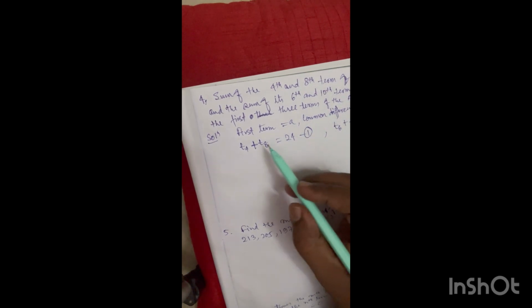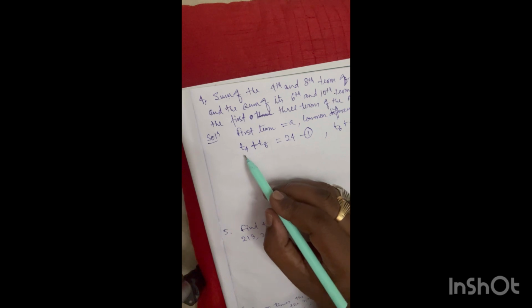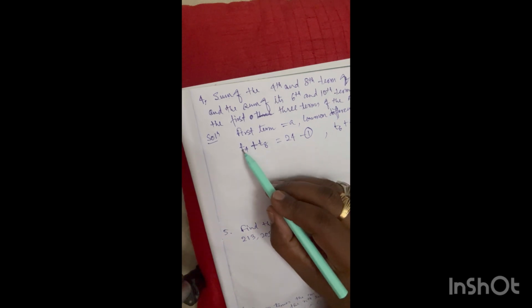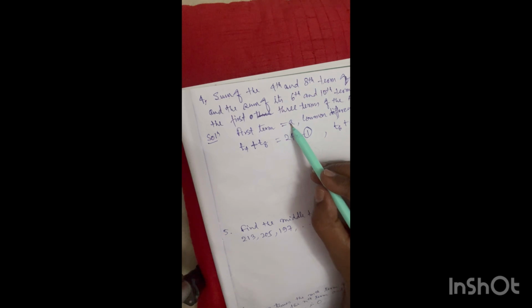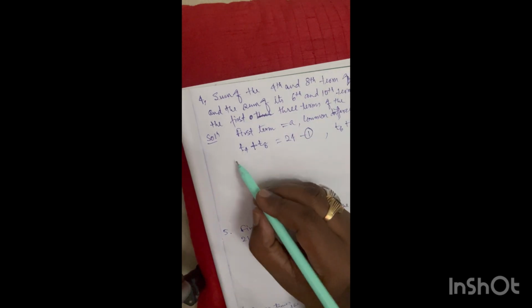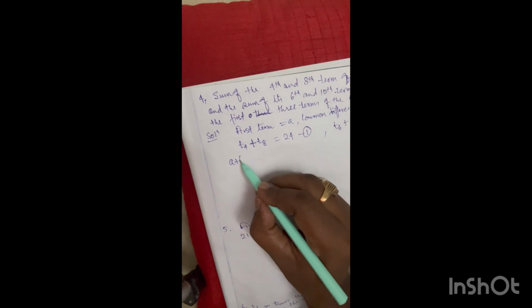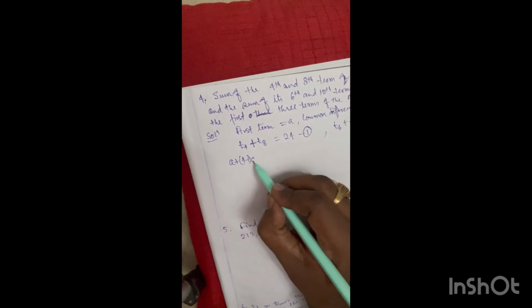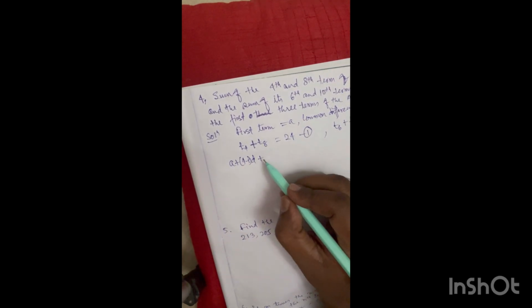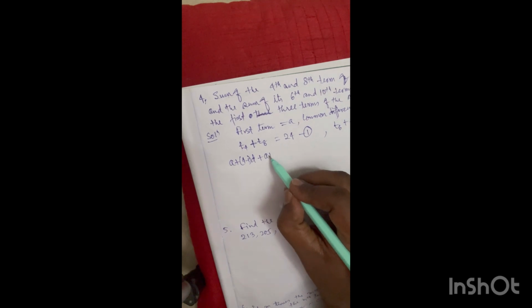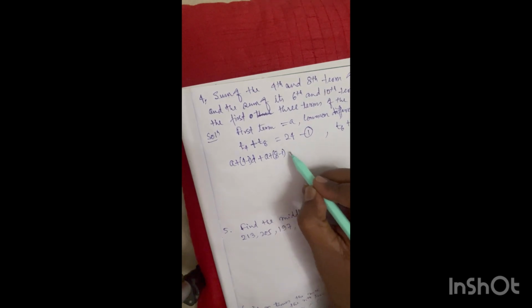These are my two equations as per the question. Now we can put the values of T4 and T8 with respect to A and D. So T4 will be A plus 4 minus 1 into D, and T8 will be A plus 8 minus 1 into D.